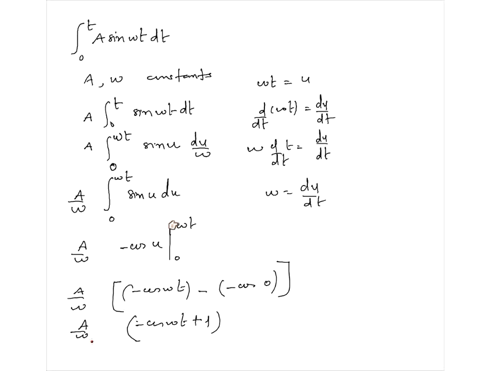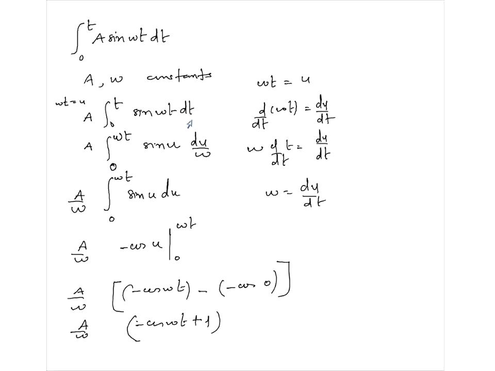How did we get omega t there? That's because, look at this step. Let me use this pointer arrow. In this step, the limits were 0 to t. These limits were on t. But the moment you converted the problem to u, these limits are going to change.